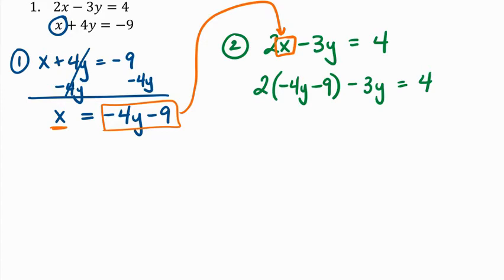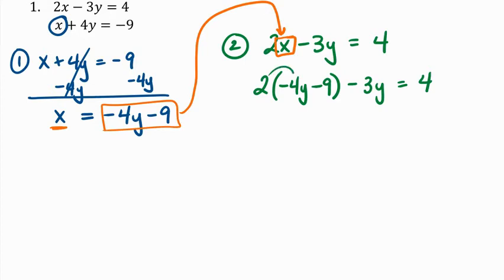We solved the bottom one, we got this, so then I solved that for x. Now I took that and I'm going to plug it into the other equation, 2x minus 3y is 4. That's why we have the two equations. We're solving one using the other one.